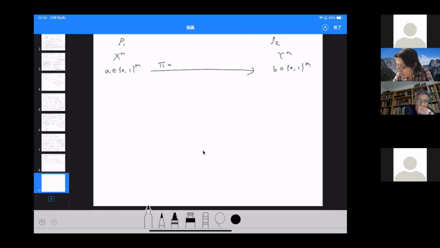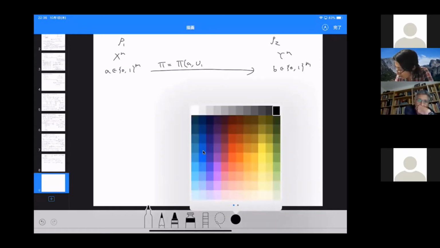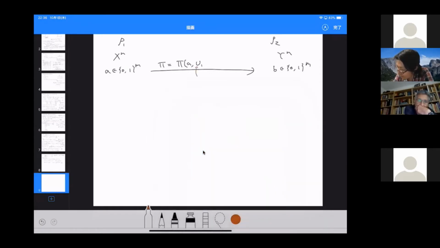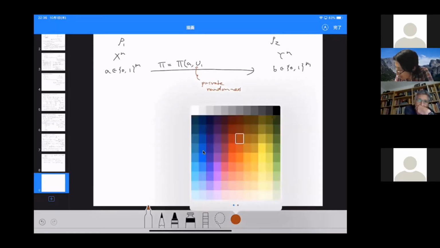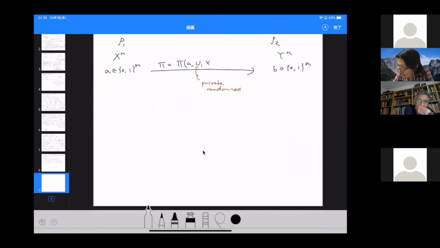So this time, P1's message is computed from his input A and his private randomness U1, and Xn. And suppose this is S bits.